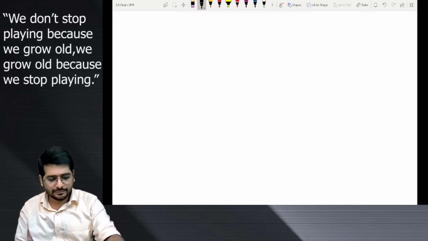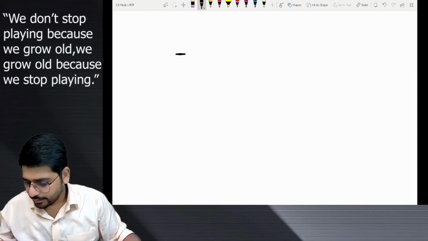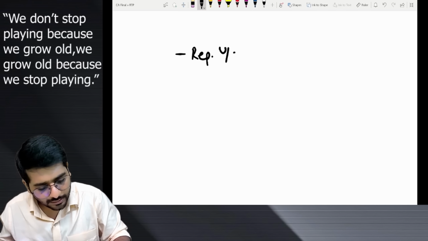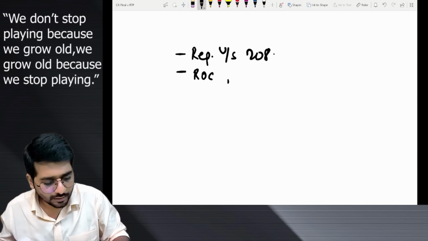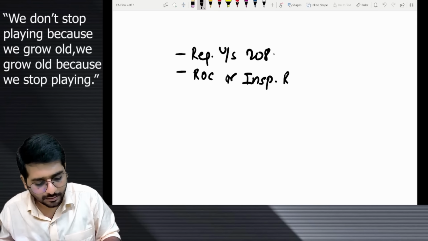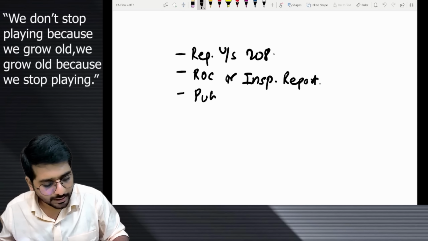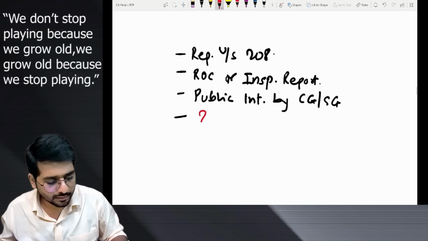We have a list. First, as per the question only, we will note it down. They are saying first, report under section 208 received, or ROC or inspector has given in the report, okay, or in public interest by CG or SG, and fourth one, question mark.